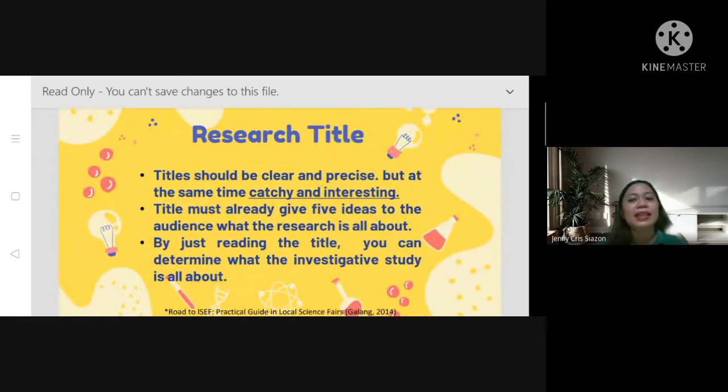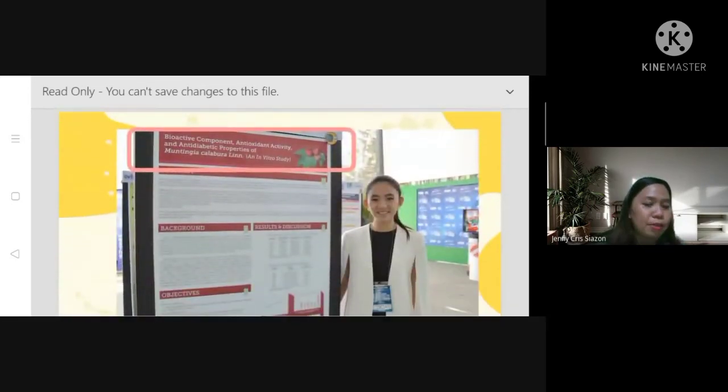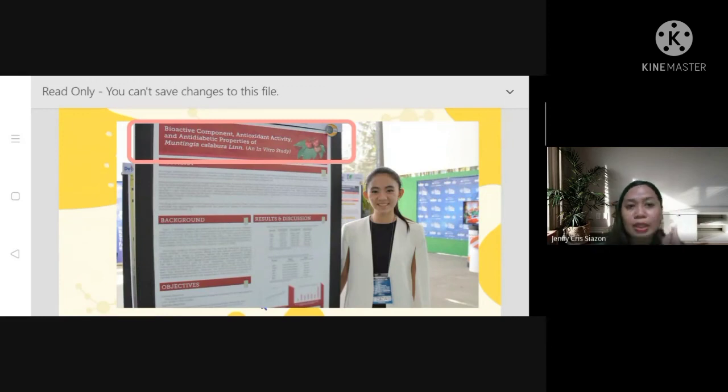So research title. So this one should be clear, simple, and precise, but at the same time catchy and interesting. So dapat dun pa lang sa title makikita na kung ano yung pinag-aaralan natin sa study natin. No? For example, ito yung nanalo sa NSTF 2019 in the life science category. So sabi niya, bioactive component, antioxidant activity, and anti-diabetic properties of Muntingia calabura, an in vitro study.